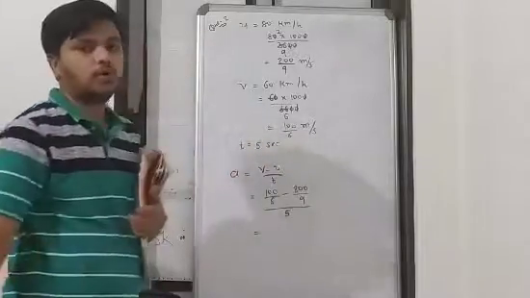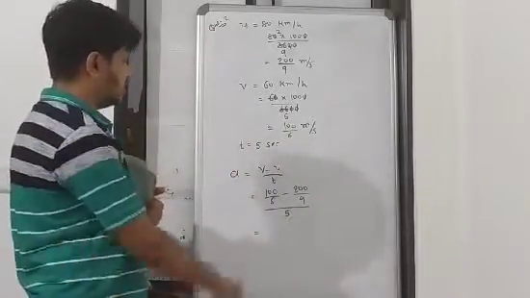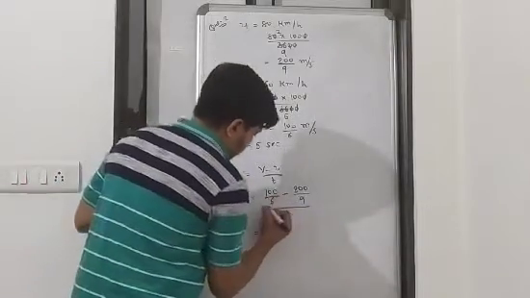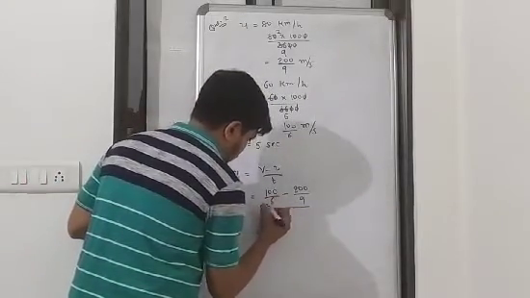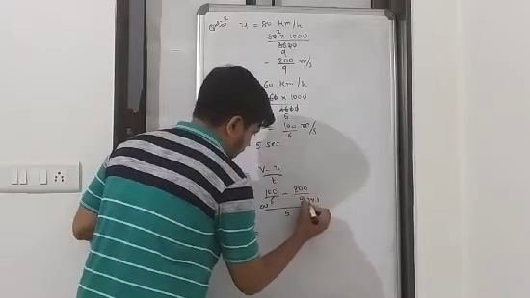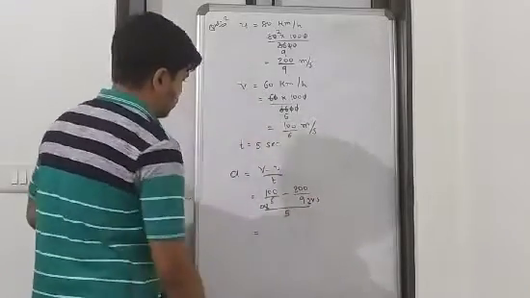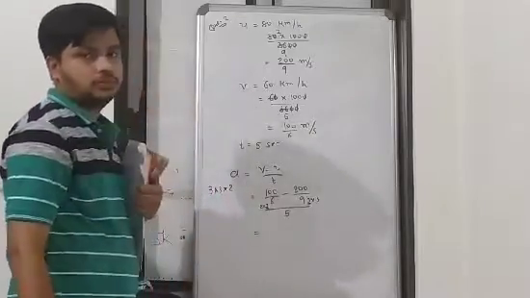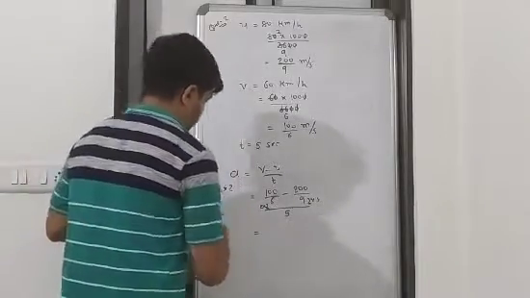If you want to subtract them, then you have to take the LCM. What is the LCM of 6 and 9? 2 threes are 6, 3 threes are 9. So 3 into 3 into 2, which is 18.